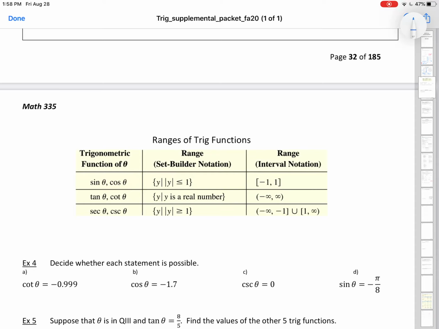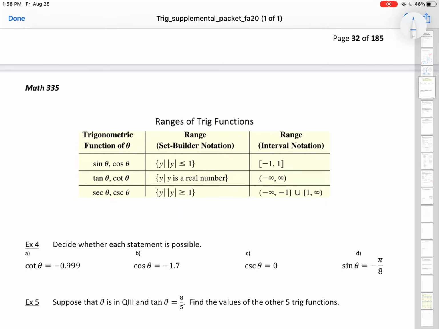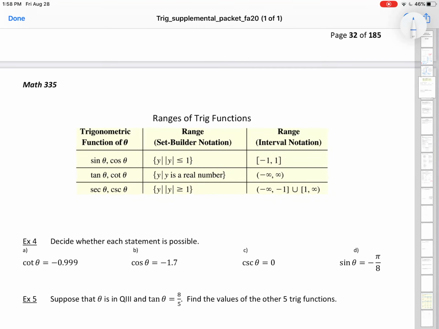So sine and cosine, you have to have a value between -1 and 1. Tangent and cotangent will spit out any value that you can dream up. Secant and cosecant can spit out any value except true fractions, numbers between -1 and 1. And so how about the cotangent being -0.9999? Sure, that's possible, because cotangent can be anything. Cosine is bound between -1 and 1, so this is not possible.